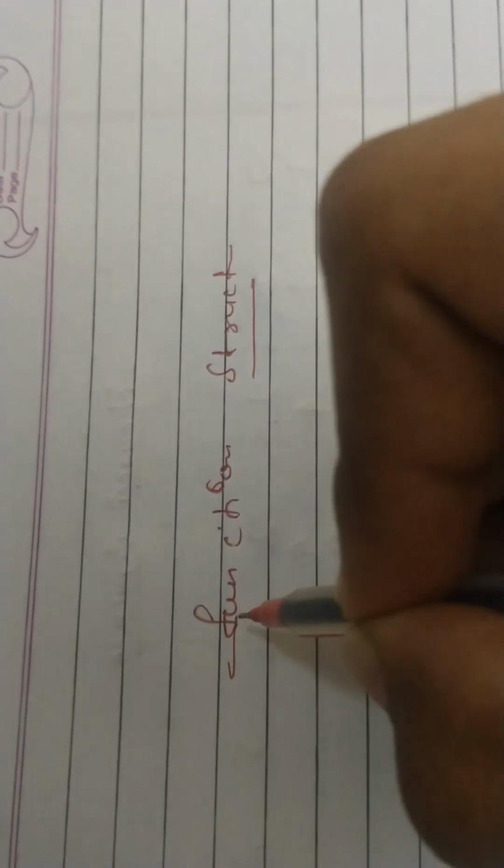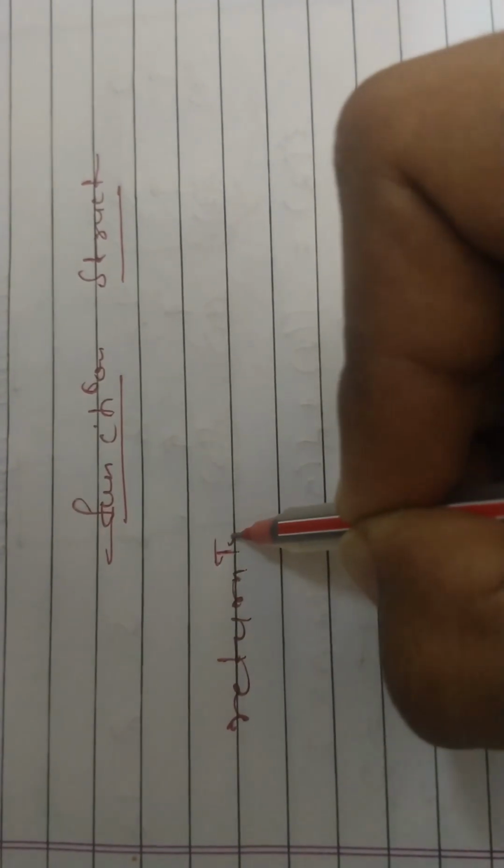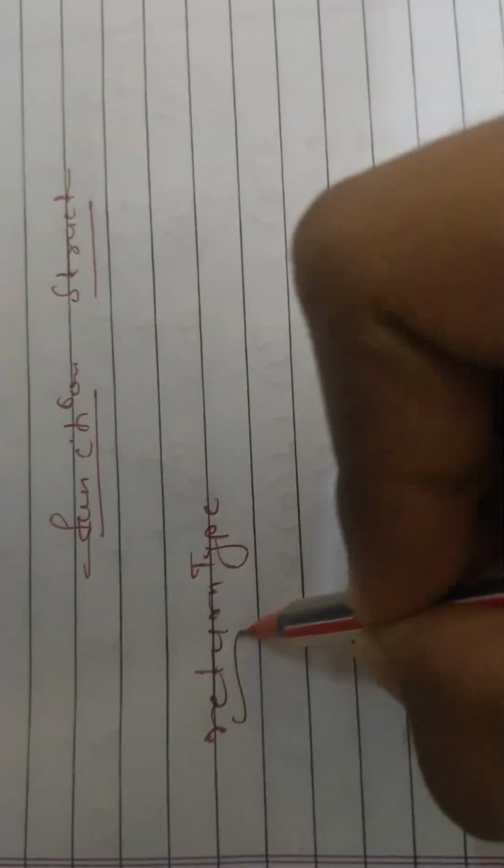So what we are going to talk about is function structure. Okay, so it begins like this. Firstly, you need to write the return type. Return type is what? It means which type of value you are going to return. Is it going to be an integer or floating type value, or are you going to return true or false, which is a boolean value?